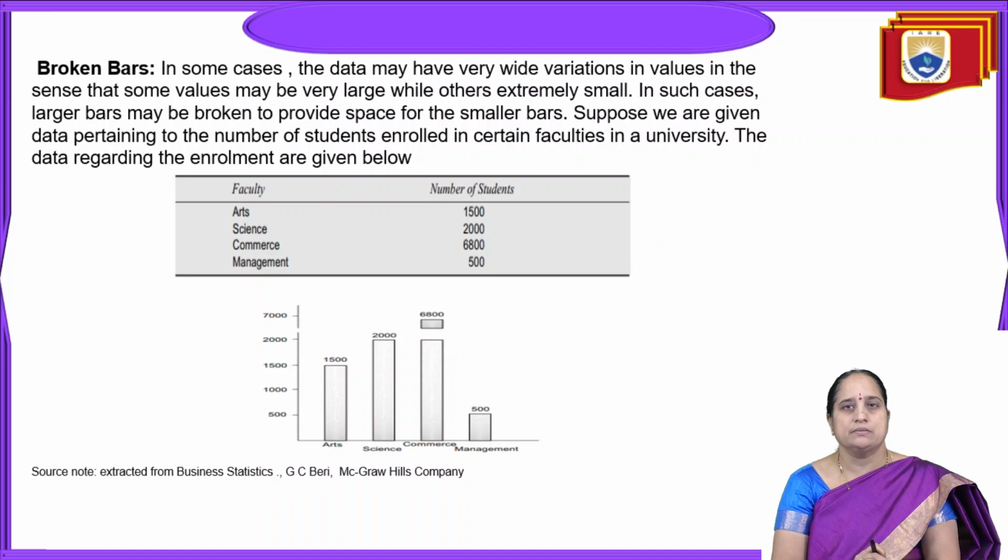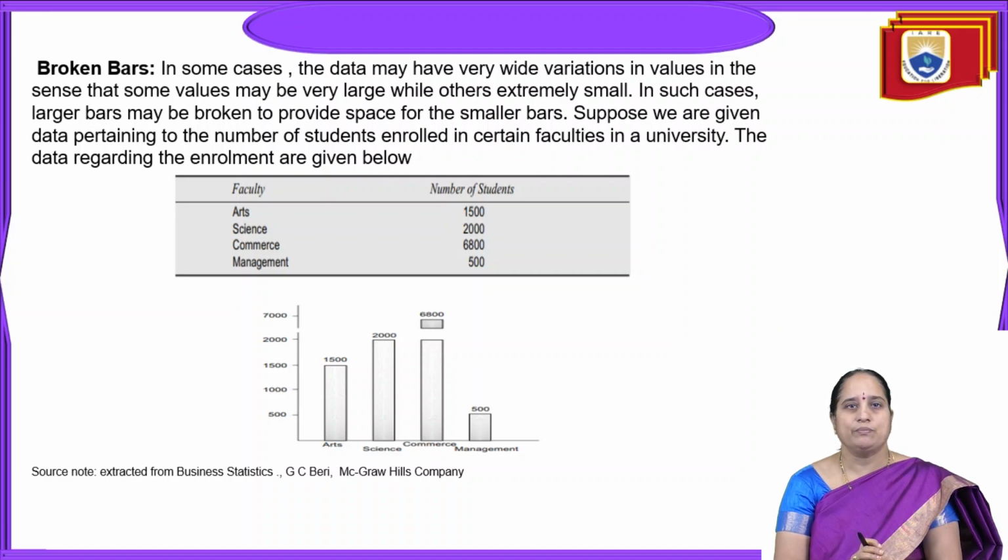The next type is broken bars. In some cases, the data may have very wide variations in values, in the sense that some values may be very large while others are extremely small. In such cases, larger bars may be broken to provide space for the smaller bars.